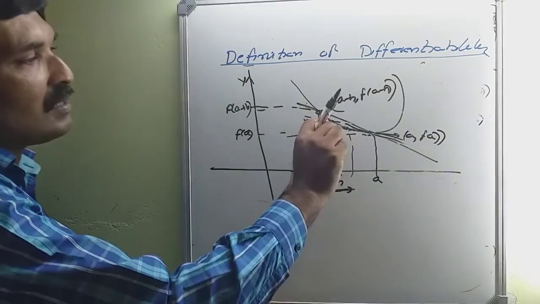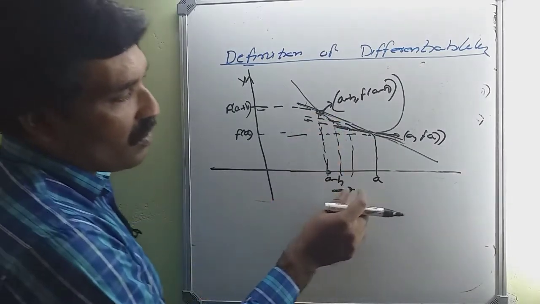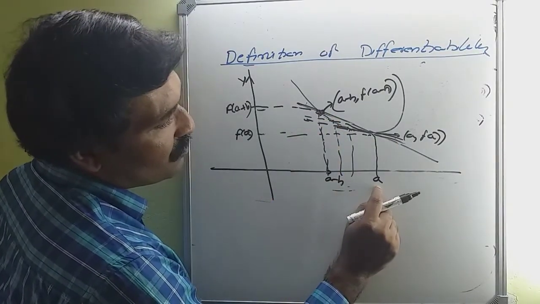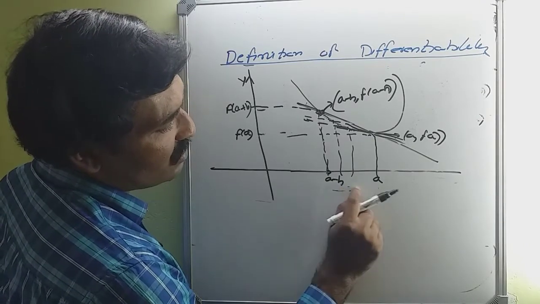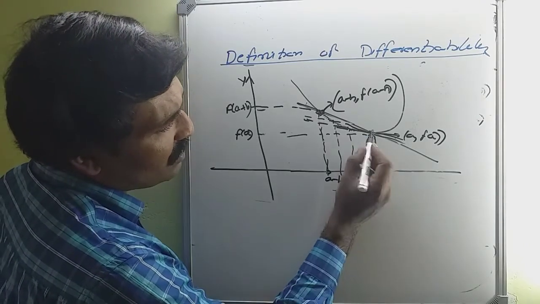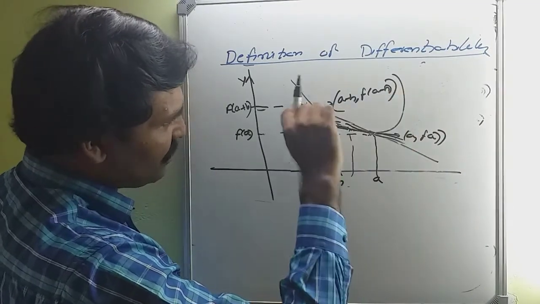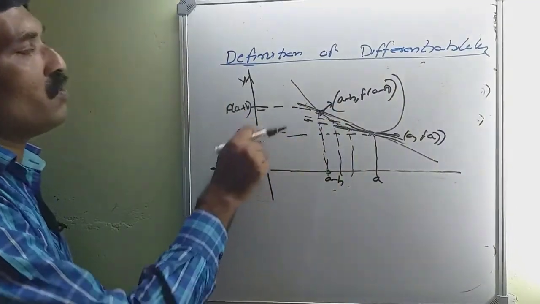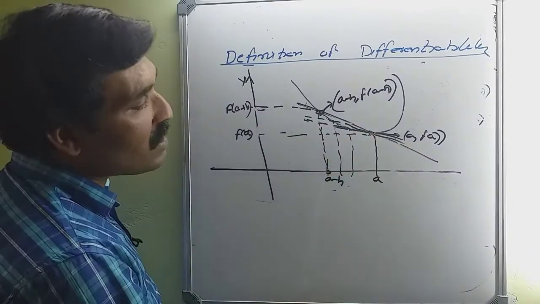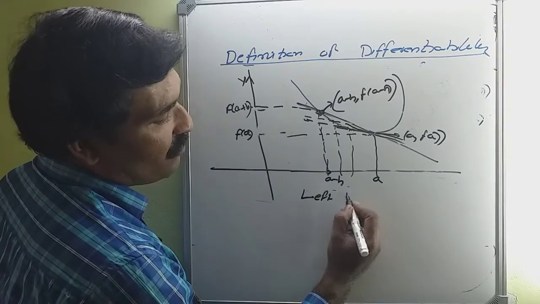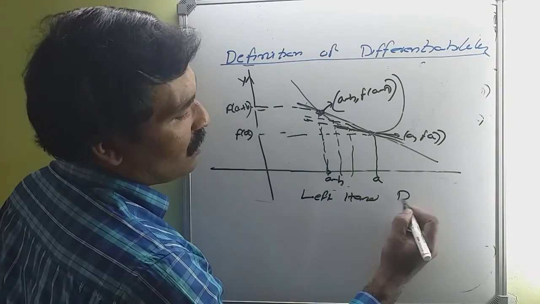As the difference becomes small and this point tends towards a, the difference in height between these two values should tend towards 0. That is called the left hand derivative.